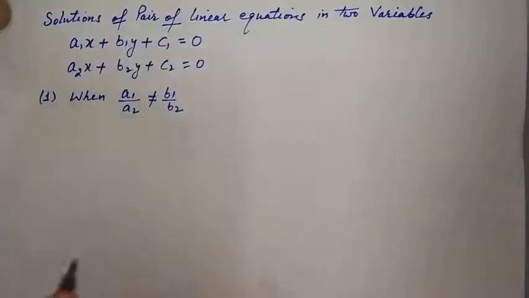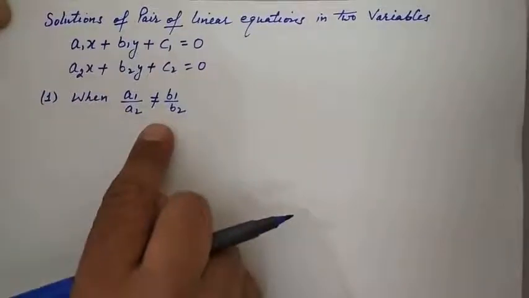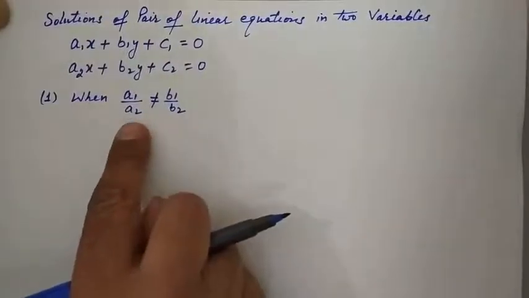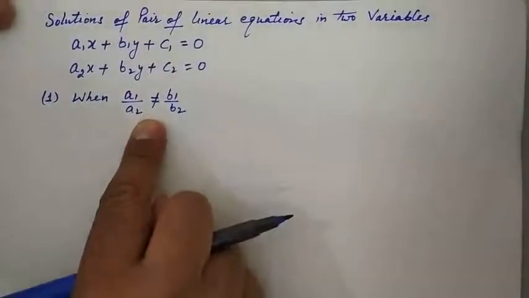In this case the lines intersect at one point, and the point where the lines intersect is the solution, and this pair of lines is called consistent. So again I repeat, when a1 over a2 does not equal b1 over b2, the lines are intersecting, and the point where they intersect is the unique solution, and this pair of lines is called consistent.